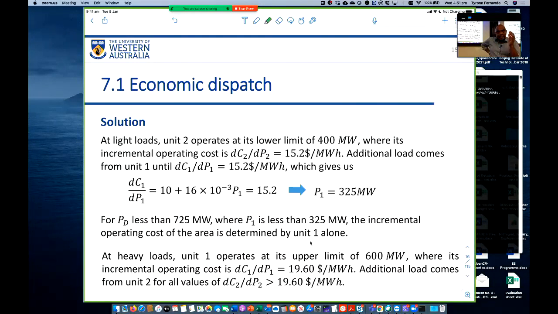So for any increase in load beyond that, we will bring in unit 1, for every other requirement more than 400, until its incremental operating cost reaches 15.2.